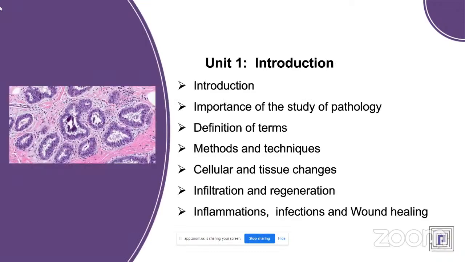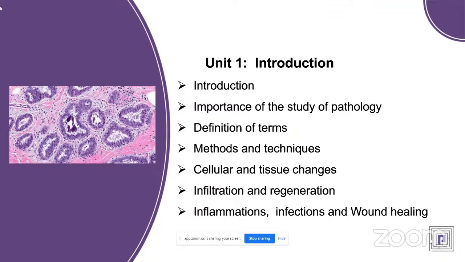First is the introduction, in which you are going to learn some terminology in pathology, like what the term metaplasia means, what is the term dysplasia, what is the term hypertrophy, and what is etiology and pathogenesis. All these terminology definitions you are going to learn in this unit.